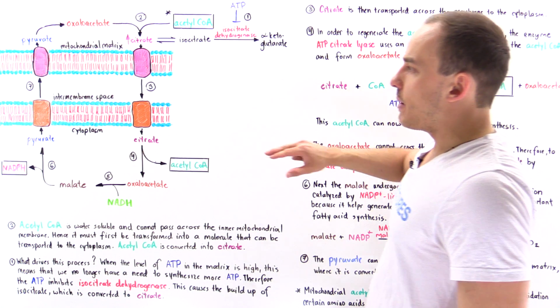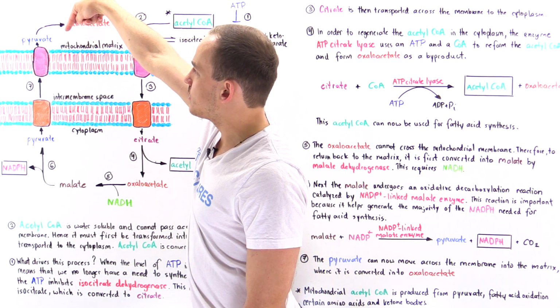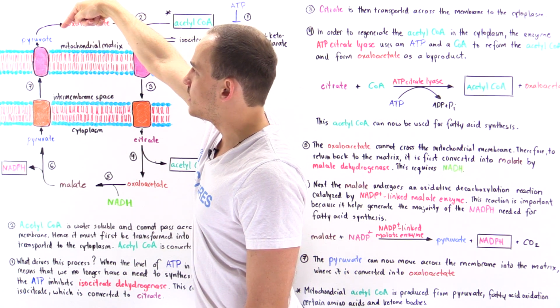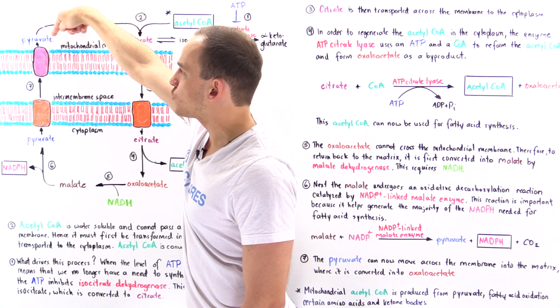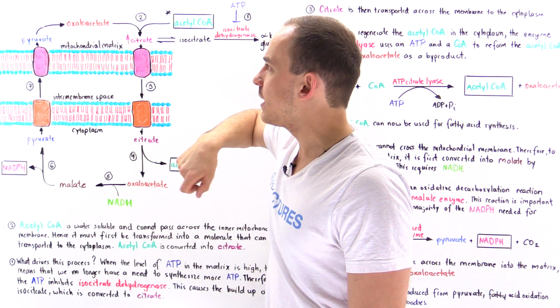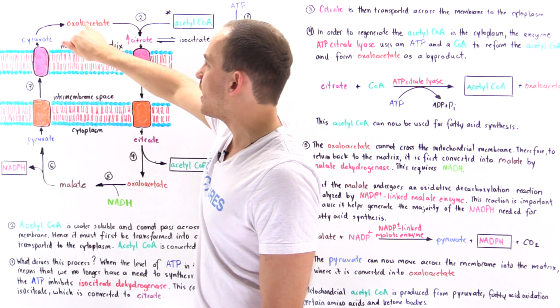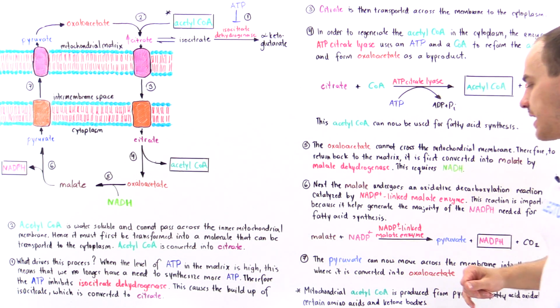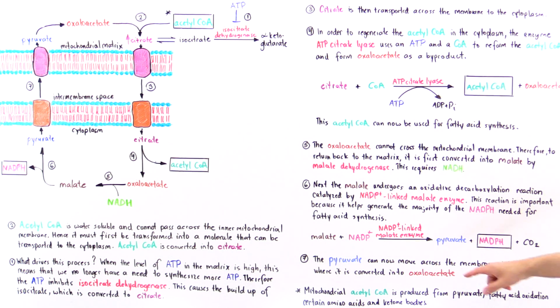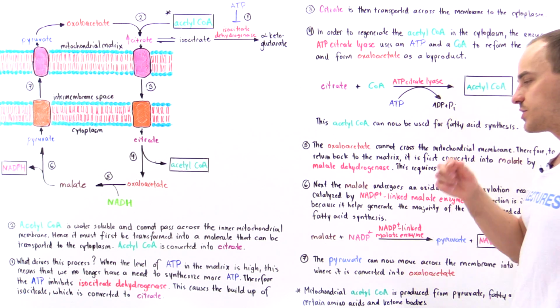Now, once we form pyruvate, it moves across the membranes of the mitochondria into the matrix, and inside the matrix, we use pyruvate carboxylase to transform the pyruvate into oxaloacetate. So the pyruvate can now move across the membrane into the matrix, where it is transformed into oxaloacetate.